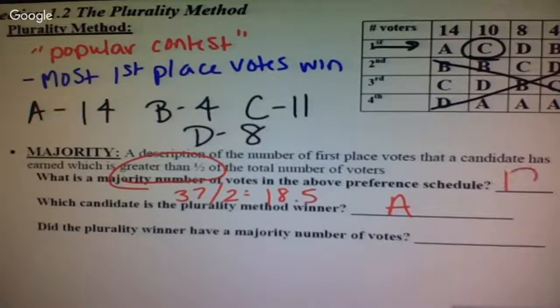So, in other words, you need 19 votes to have the majority. Even though A won plurality, they only won with 14 votes, so they are not the majority winner. They do not have enough votes to be the majority winner. And that's okay, they still won. But it also gives you that boost when you've got more than half the people that actually like you.